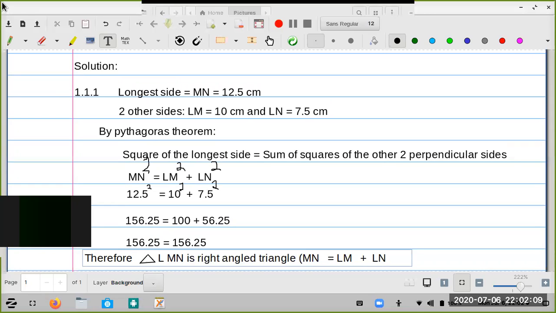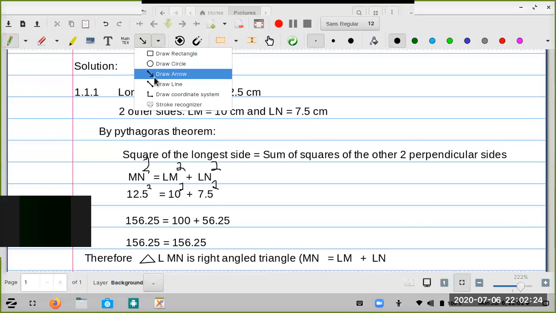This is the reason why we are saying our triangle LMN is a right angled triangle. Why? Because Pythagoras theorem has been satisfied.